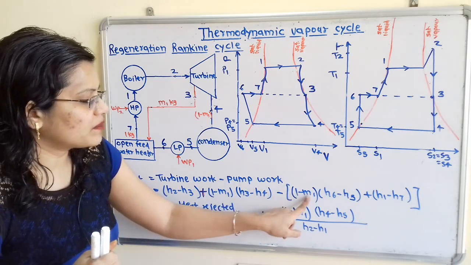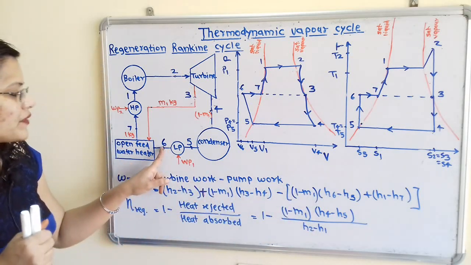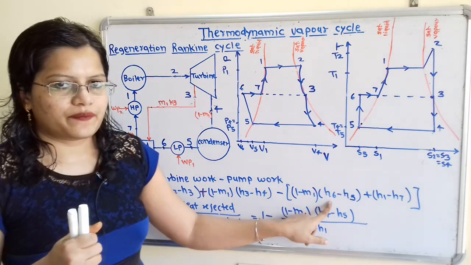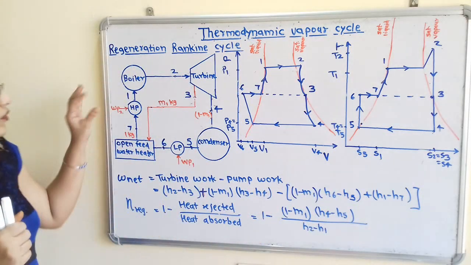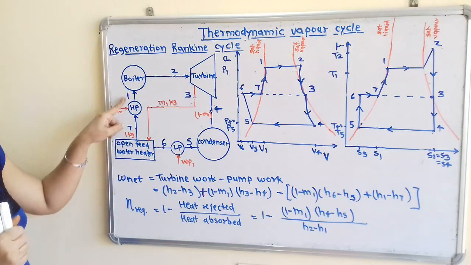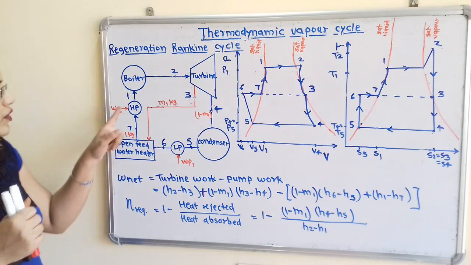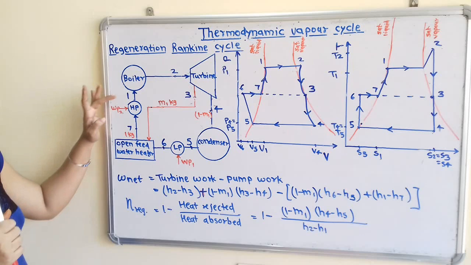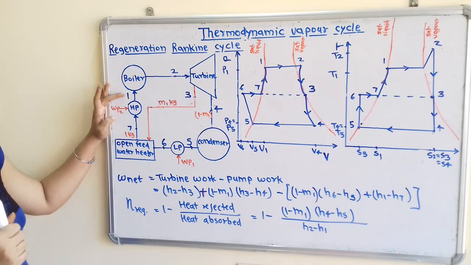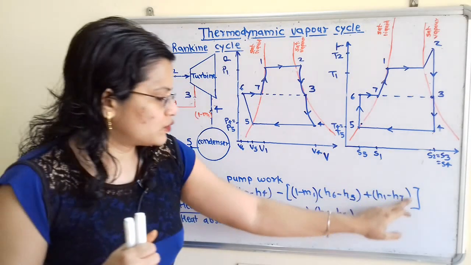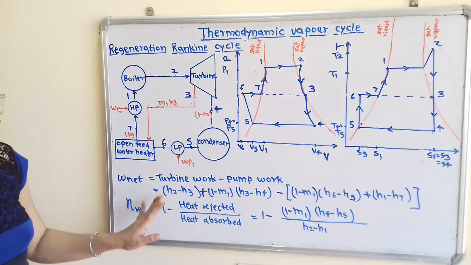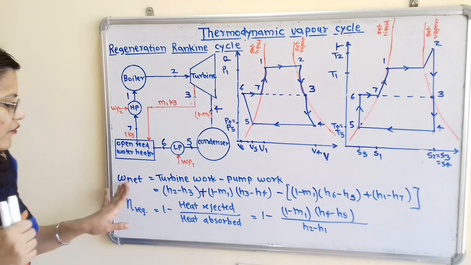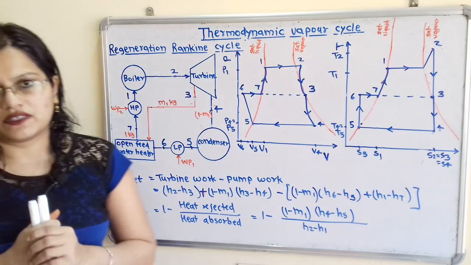Inside this bracket, (1 minus m1) multiplied by (H6 minus H5), plus the change in enthalpy for the high pressure pump. For the high pressure pump, the amount of working substance is 1 kilogram. So we will simply take H1 minus H7. So this is the formula that we have to use for the calculation of net work done.